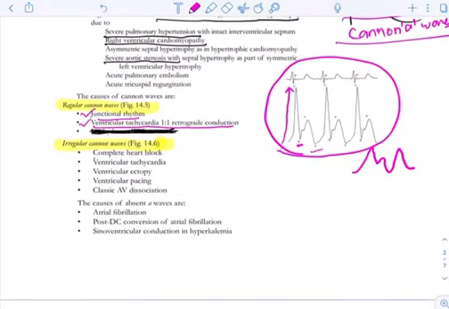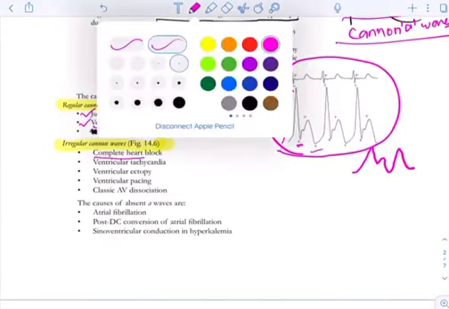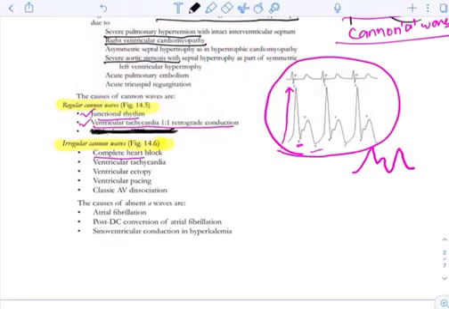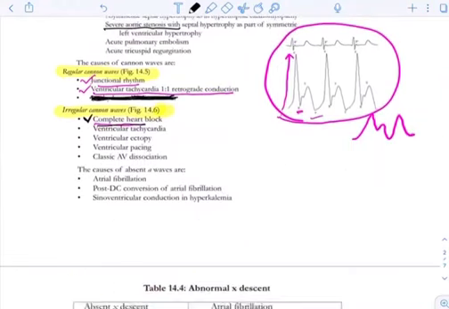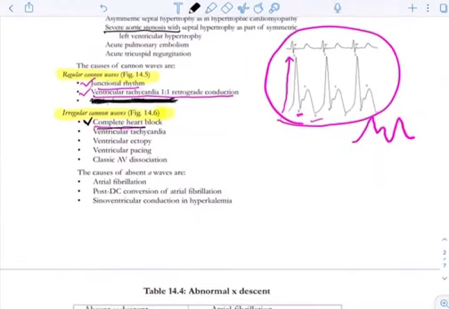In cases of complete heart block, the atria and ventricle contract without any relation to each other. That is what we call complete heart block. So in complete heart block there will be intermittent Cannon A waves, when the atria contracts against a closed tricuspid valve, and irregular Cannon waves will appear.